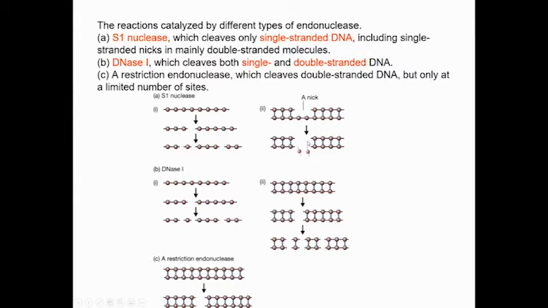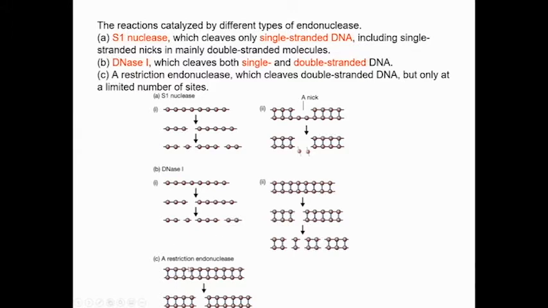Another type will cleave both single-stranded and double-stranded DNA non-specifically, like DNase I. As long as there is a single strand, it can degrade the whole single strand gradually, or degrade double-stranded DNA completely. So these two cleave DNA non-specifically. One only targets single strand, and the other, DNase I, targets both single and double strand.